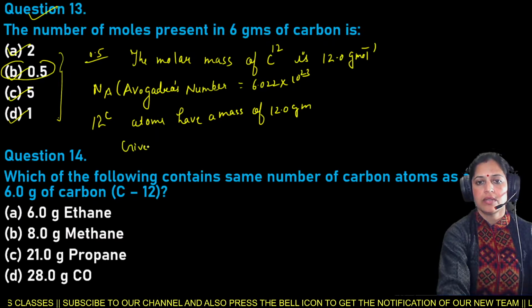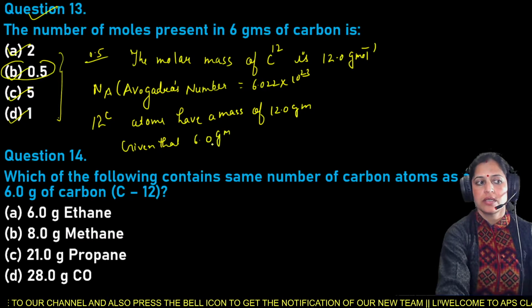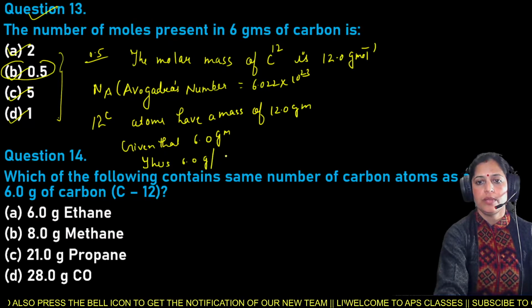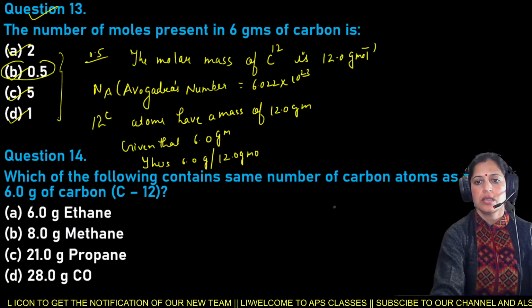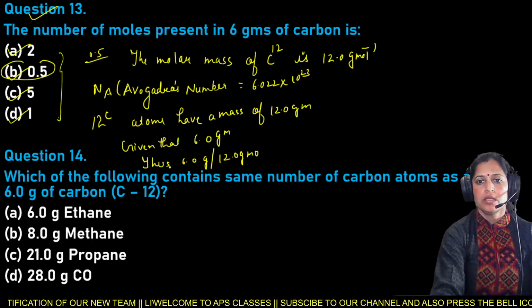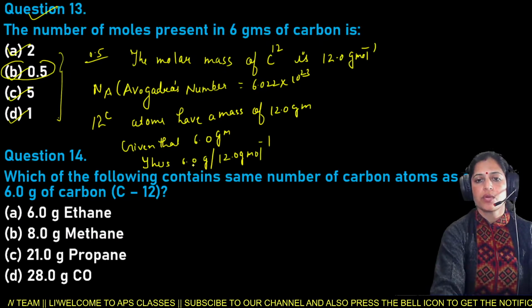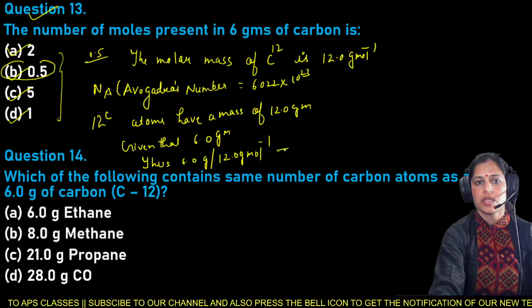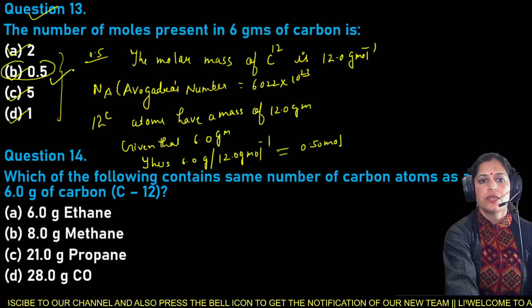Given 6.0 grams, thus 6.0 grams divided by 12.0 grams per mole comes out to be 0.50 mole. So this is the right answer.